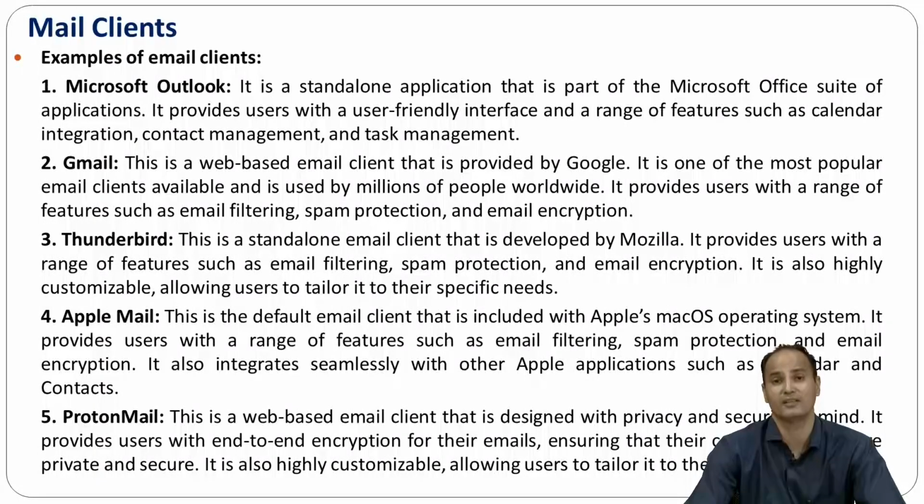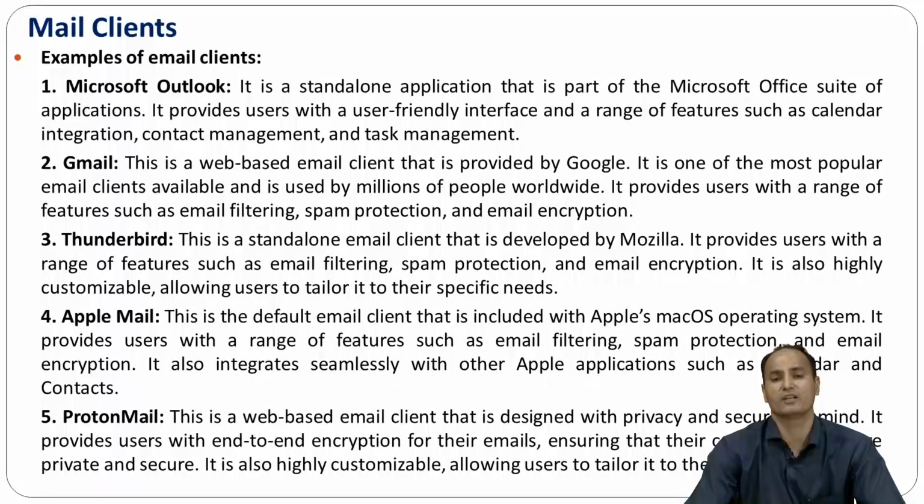Earlier was the standalone application, that is Microsoft Outlook, while Gmail is a web-based email client that is provided by Google. It is one of the most popular email clients available and used by millions of people across the globe. It provides users with a range of features such as image filtering, spam protection, email encryption, etc. Third one is Thunderbird.